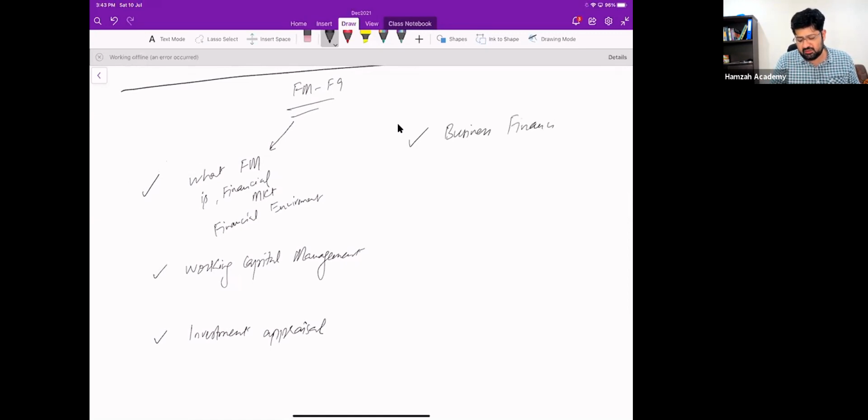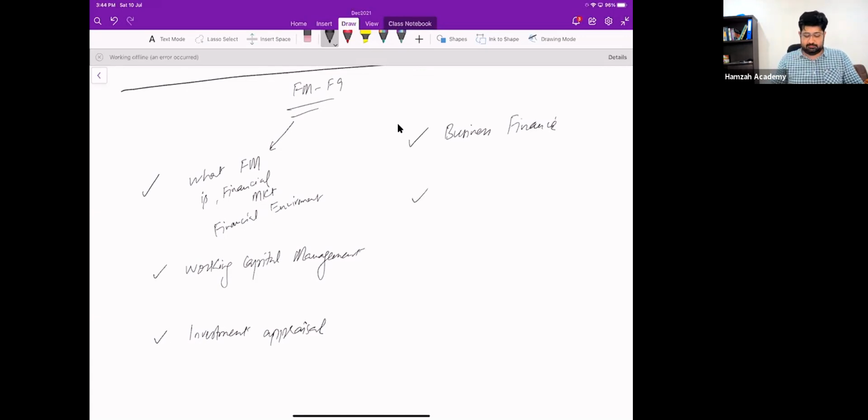The financing decision, which we were talking about. What is the cost of funds of different sorts of finance? How to calculate that? That means weighted average cost of capital, cost of equity, cost of debt. And then different sources of finance and their effect on the business.